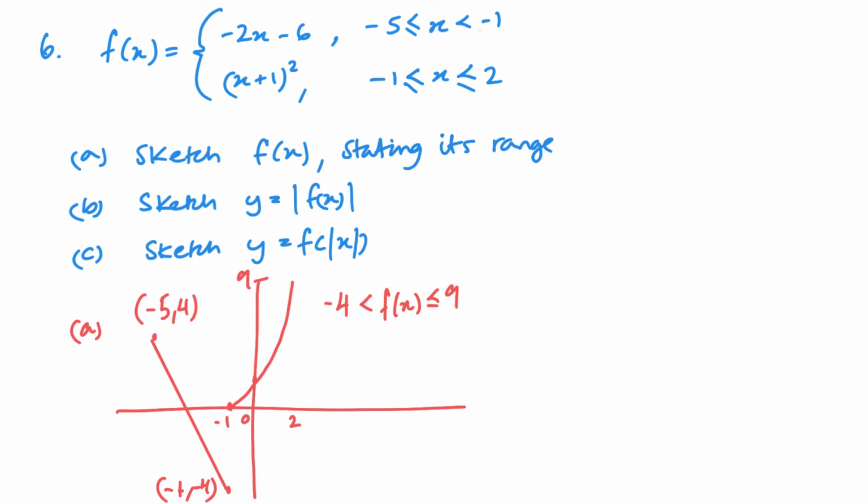Now after that, part B, part C, they should be quite straightforward. Okay, so if you remember, like part B now, with my modulus of f of x, I just need to change everything that is below the line to being above the line. So that part of the graph there will not change. The part that will change though is that straight line.